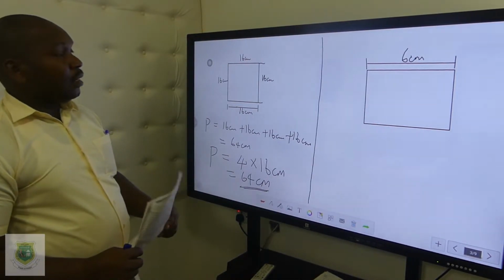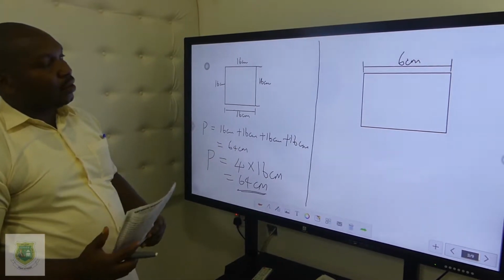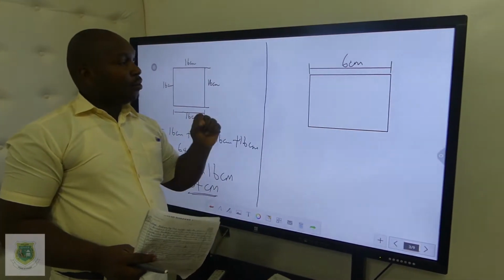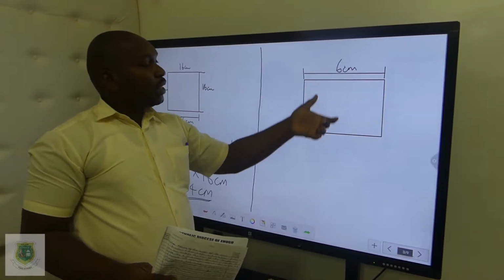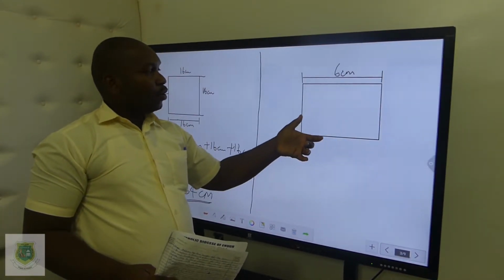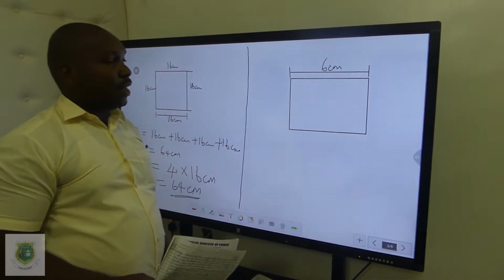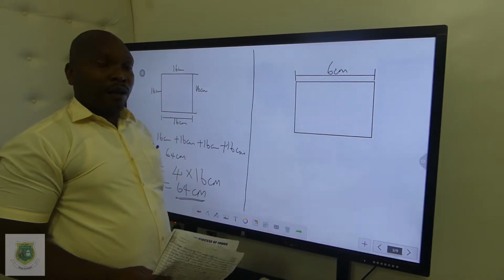Okay. Then another one we are going to look at is the perimeter of a rectangle. In our previous class, we looked at a rectangle and we said that a rectangle has 2 opposite sides that are equal, and the other 2 opposite sides that are equal.